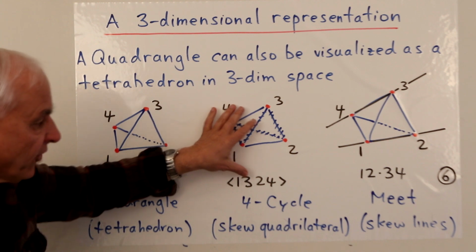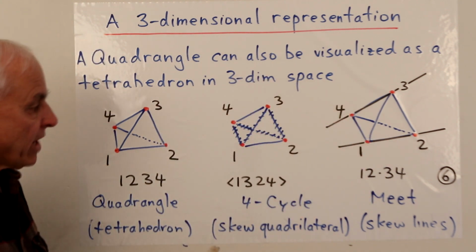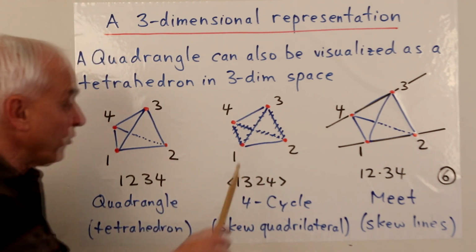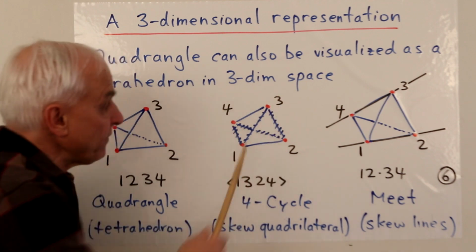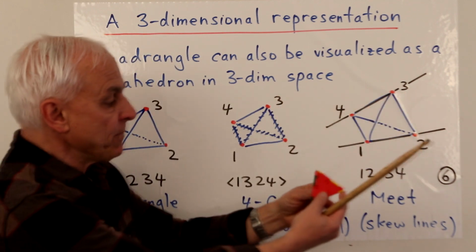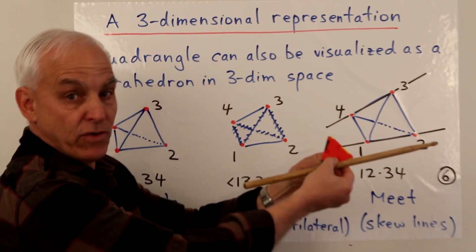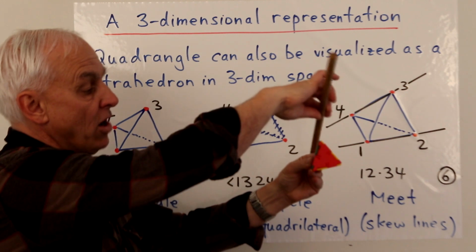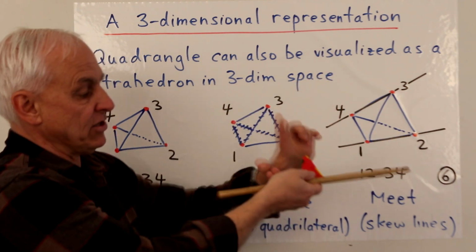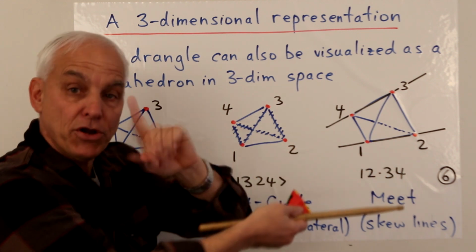Corresponding to this, there's of course a meet, and the meet is what you get when you consider the two edges which are not contained in the cycle. In this case, 1, 2 and 3, 4. So in the tetrahedral story, that would be a pair of edges, say this edge right here together with the opposite edge on this side, which doesn't meet this edge. We have two different lines in space which are not meeting.